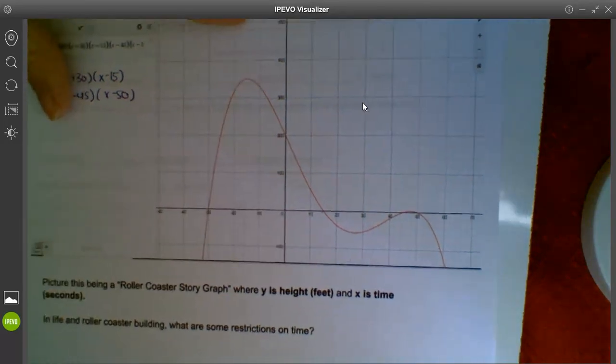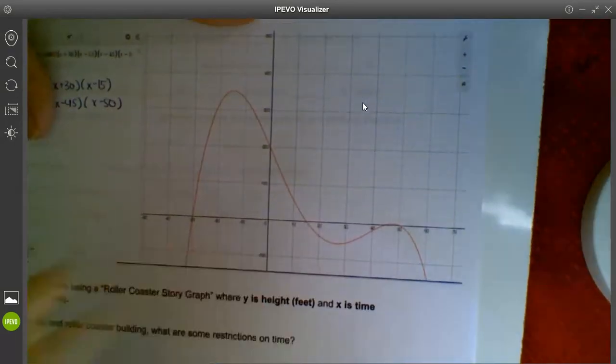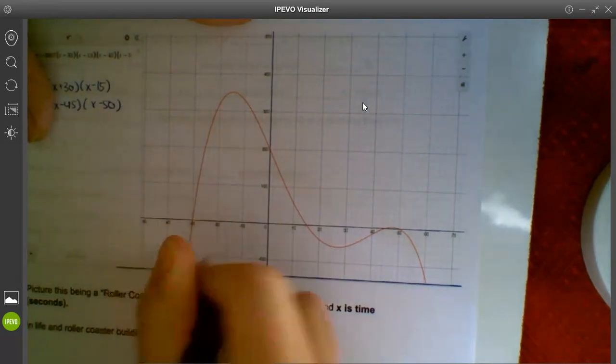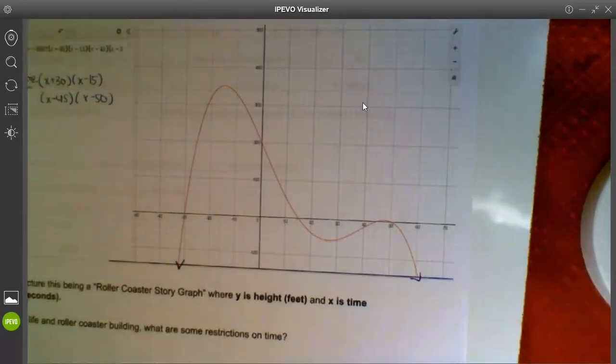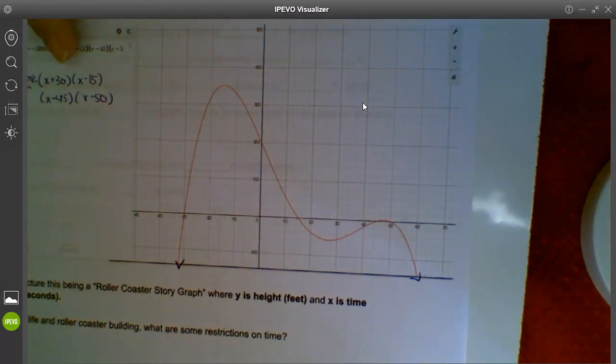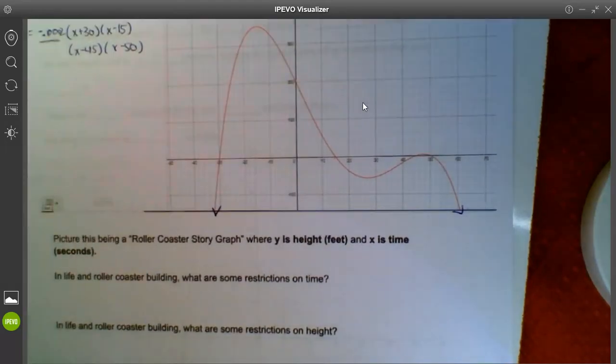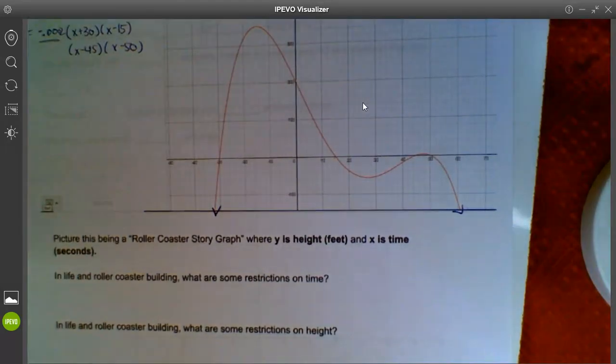So now we want to look at this as modeling a roller coaster. There are some things to immediately think about. We know this is a polynomial, so it has arrows on both ends, which means it goes on forever. But roller coasters don't go on forever. So there are restrictions for real life.